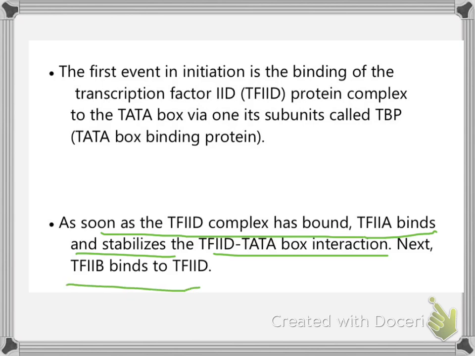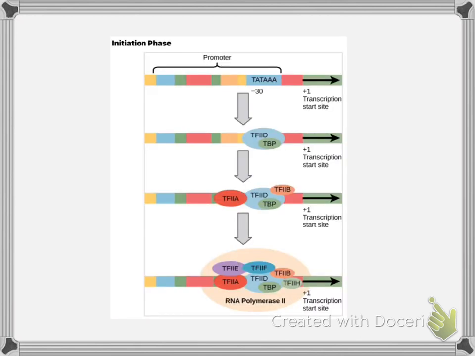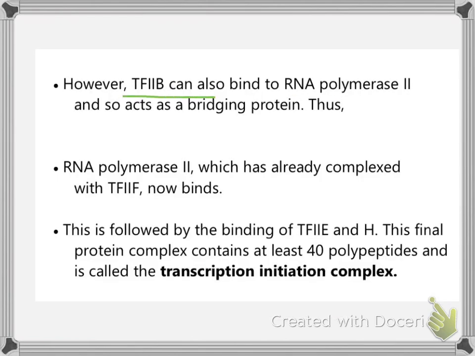And then next TFIIB binds to TFIID. TFIIB can also bind to RNA polymerase II, so it acts as a bridging protein. That is, TFIIB also binds to the RNA polymerase II and acts as a bridging protein.